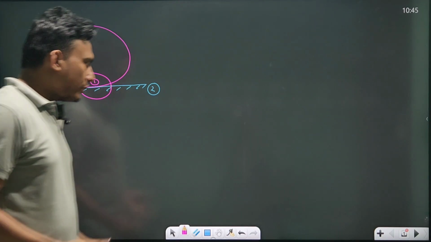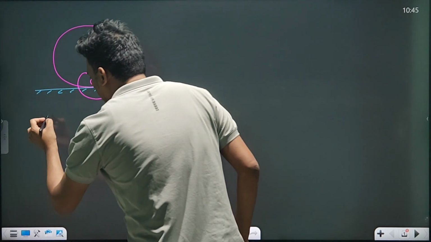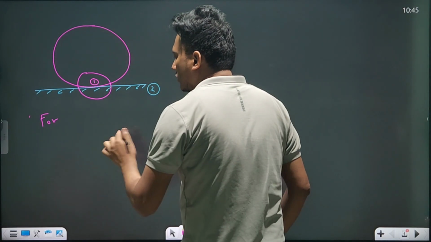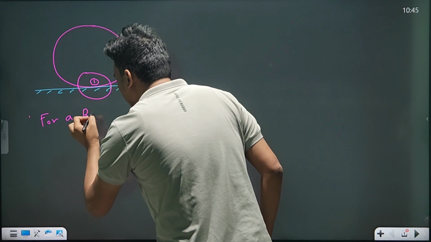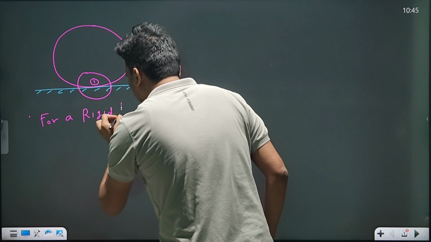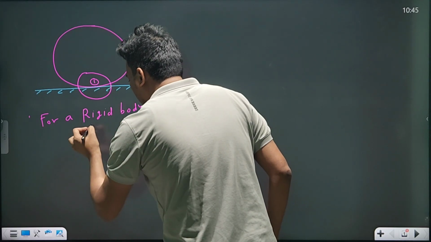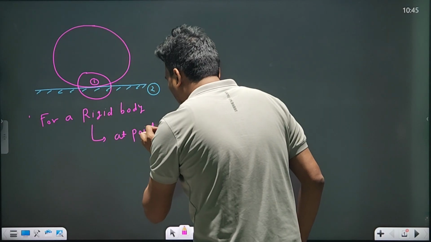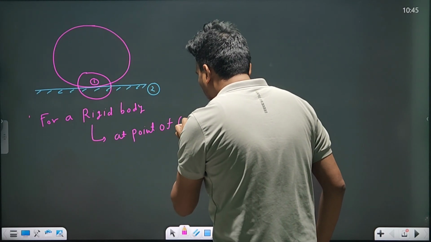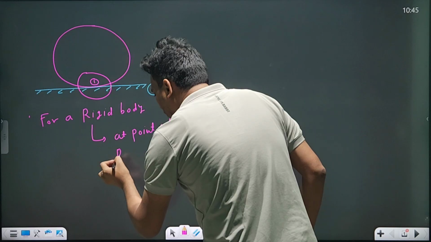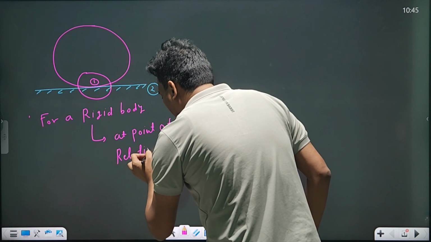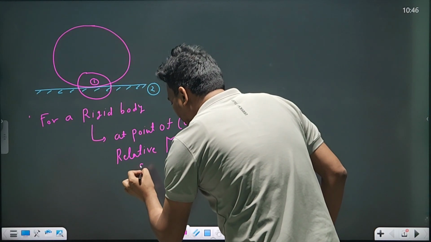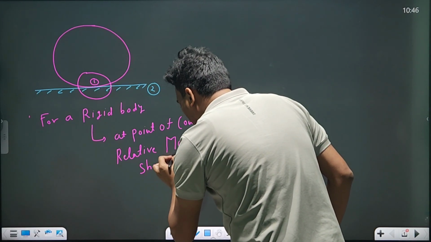So what is pure rolling? Pure rolling means, for a rigid body, first we have to know the concept is valid for a rigid body, at the point of contact, relative motion should be zero.